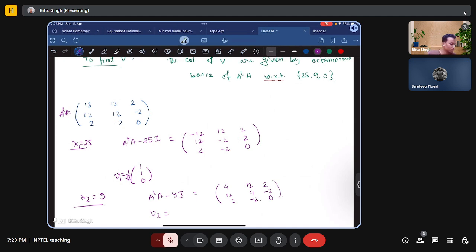Can you guess? Otherwise we need to solve. Which combination will give me 0? If we add those two things, then the lower thing is 0. Oh sorry.